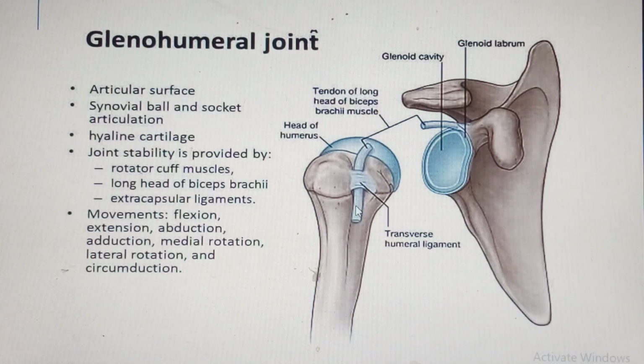So the tendon sheath, and of course the bursae around this area, will help minimize friction around this area, alongside the joint capsule and the synovial membrane, which also secretes synovial fluid. So these are all helping to minimize friction over here.